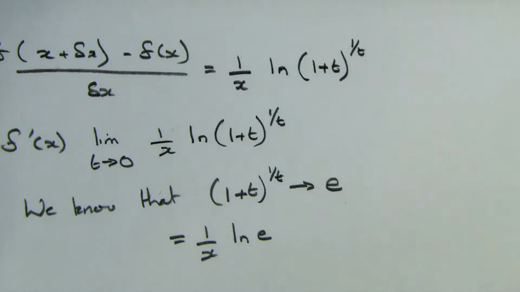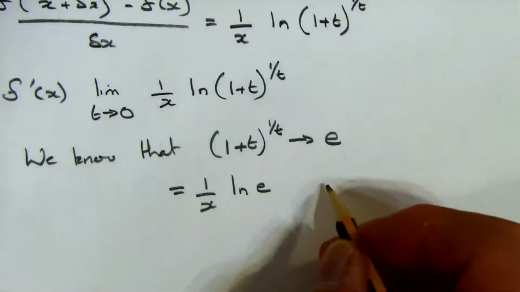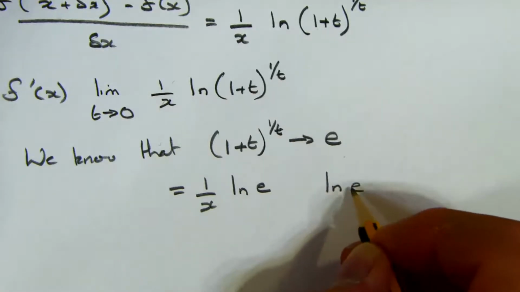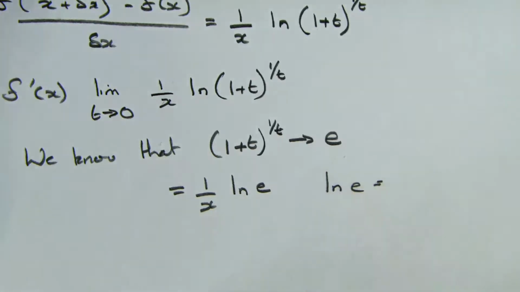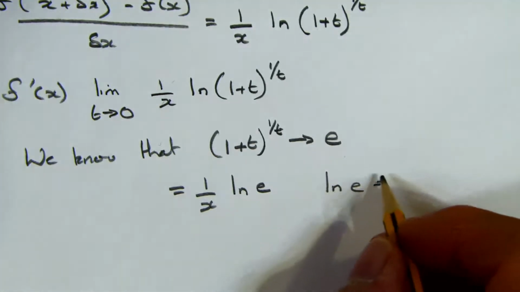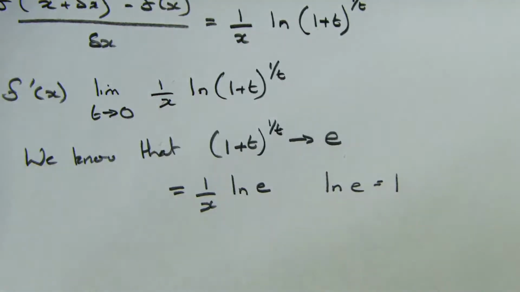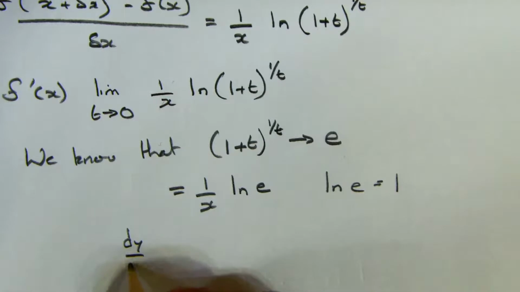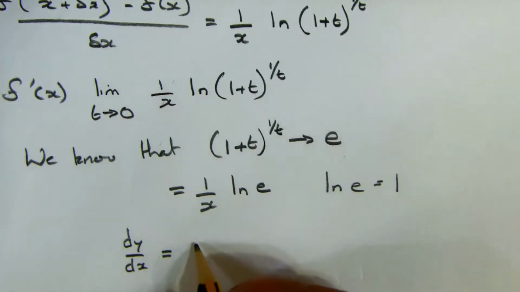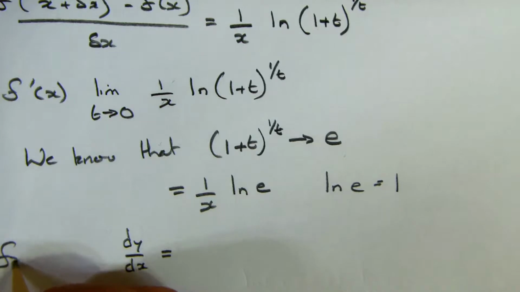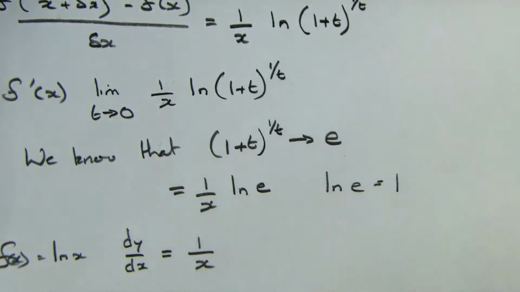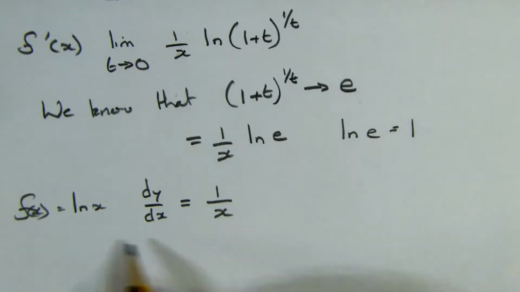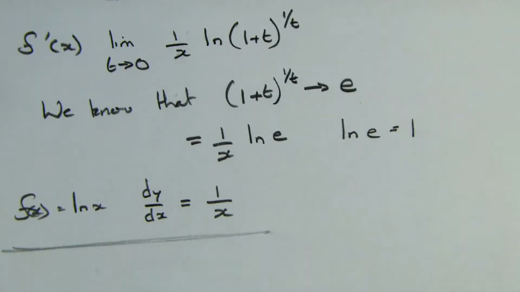Now, we also know that ln of e equals 1. So our derivative dy by dx of my function of x, ln x, becomes 1 over x. And we've managed to show from first principles that that's true.